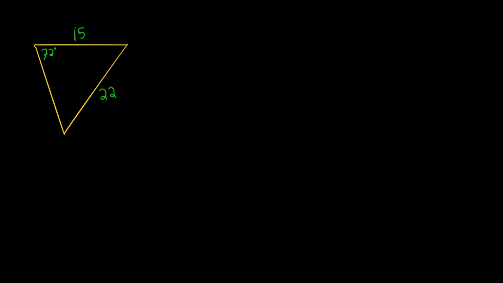So just off the top of my head, we could probably go ahead and use QRS. So let's say that angle Q is 72 degrees. Side Q is 22. Angle R is unknown. Side R is 15. And angle S is unknown. Side S is unknown as well.